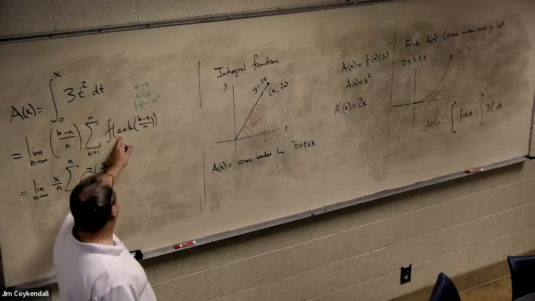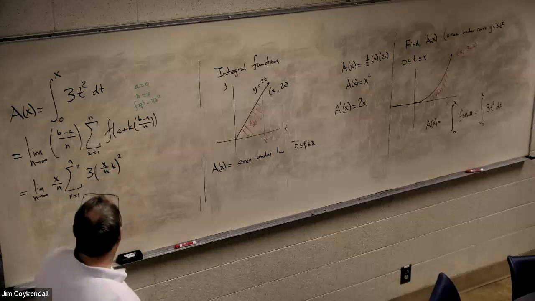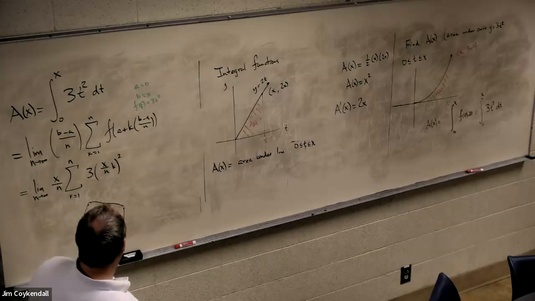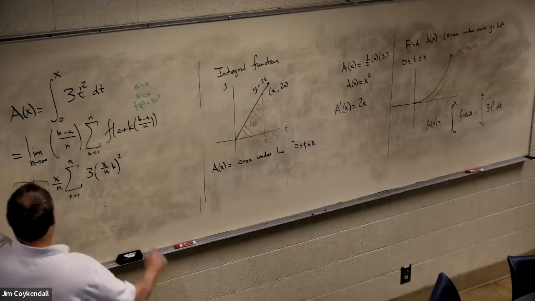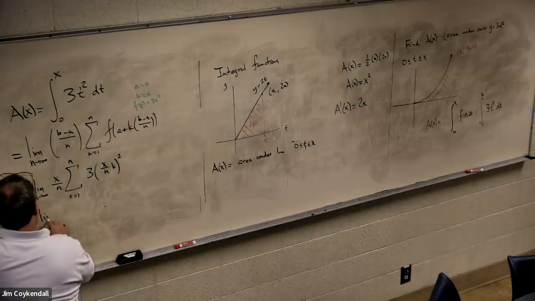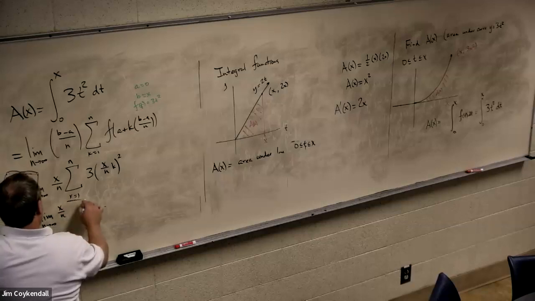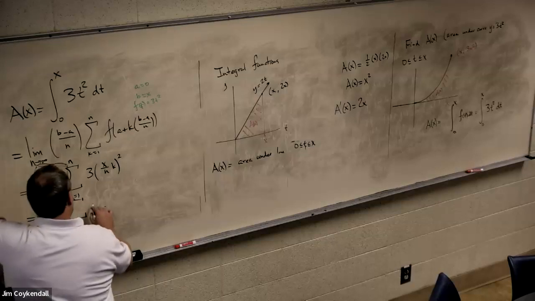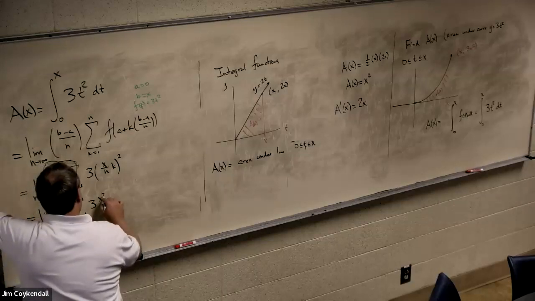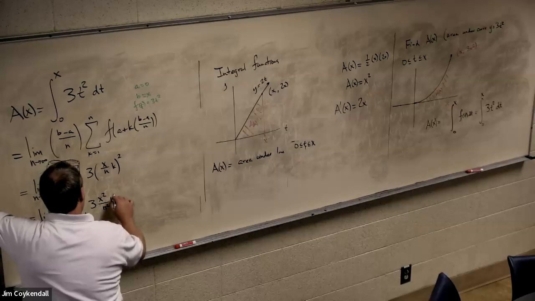So what happens when I put this thing in? This is the limit as n goes to infinity of x over n, sum of 3x squared over n squared k squared.